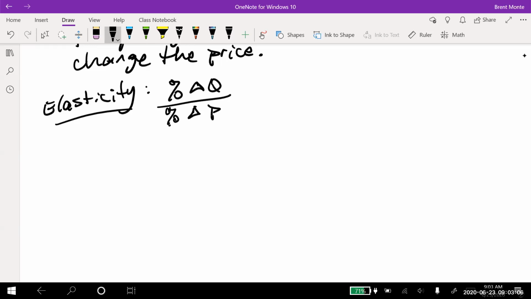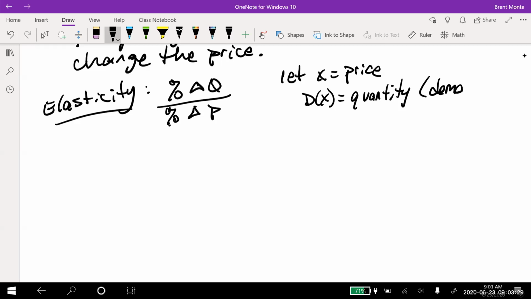Now, that little triangle in the middle, delta, that's for change. So the percent change in quantity over the percent change in price. Let's let X equal the price. And we're going to write D of X for the demand. That's the quantity. And of course, we're using D for demanded. Here, we'll just put in parentheses demand.